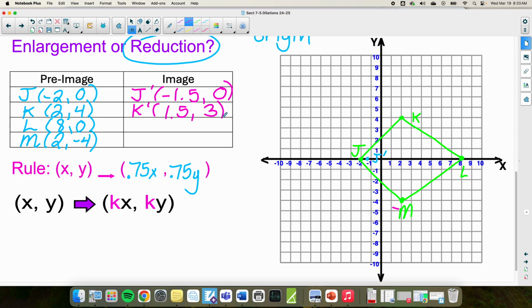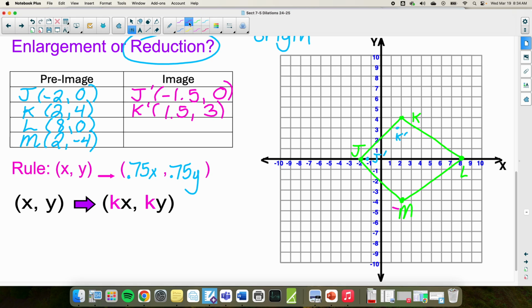But if you don't know that, you can just use your calculator for that. And then if you want to, you can plot that one right away. It would be 1.5, up 3, and that would be my K prime, okay?